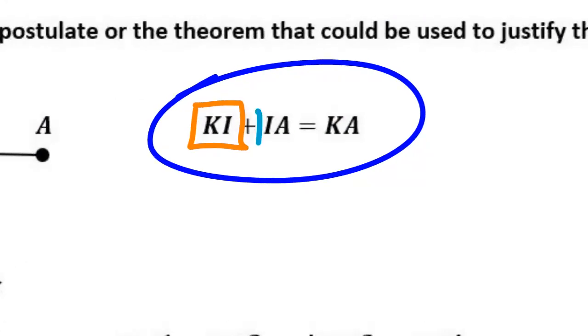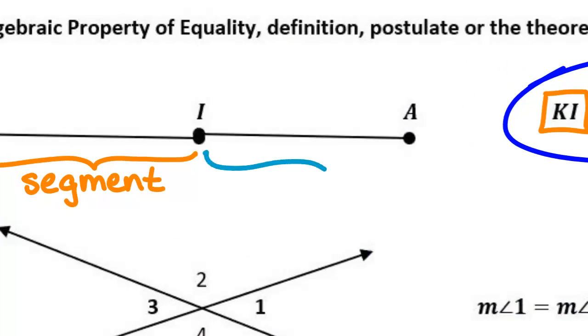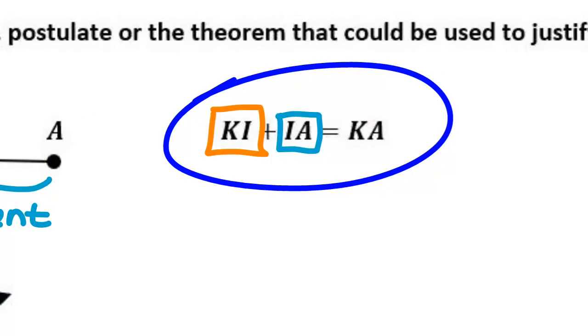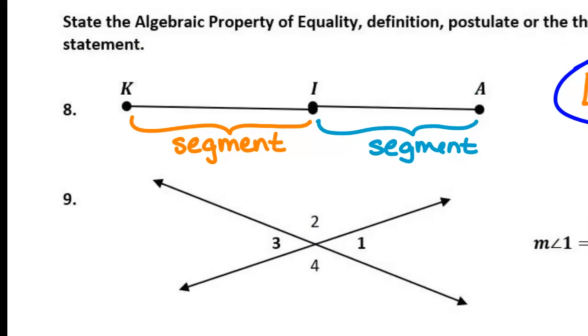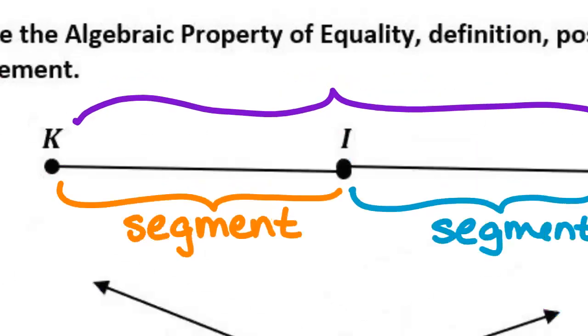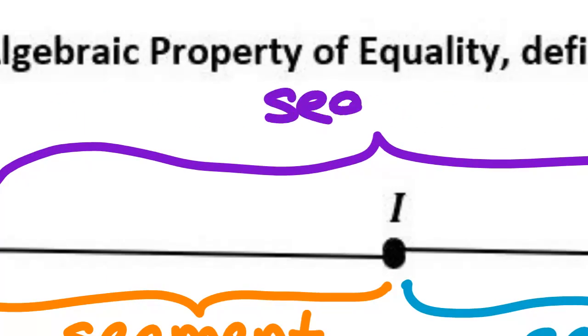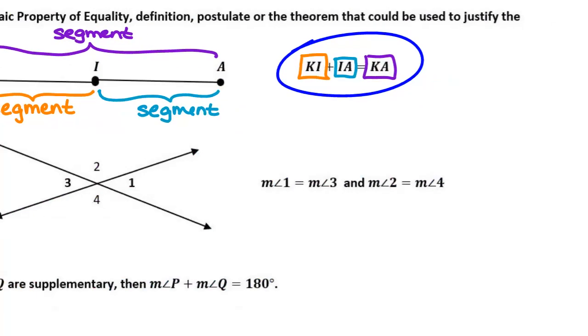IA is also a segment. And KA is the largest segment in the picture. It is the segment addition postulate. You're absolutely correct.